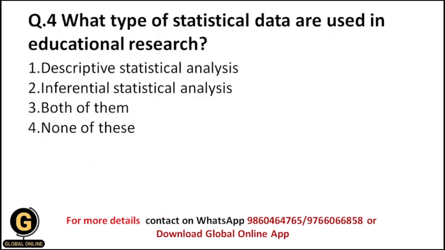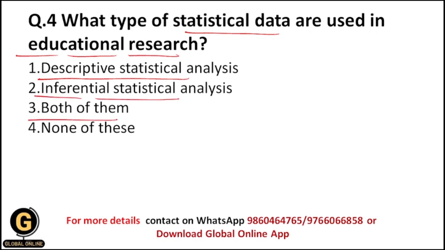Now next is, what type of statistical data are used in educational research? So within educational research, what type of statistical data can we use? Can we use descriptive statistical analysis? Can we use inferential statistical analysis? Can we use both of them or none of these? So students, educational research is the type of research in which we need both kinds of data, qualitative and quantitative.